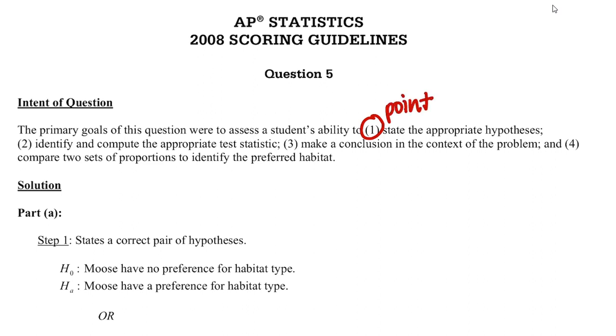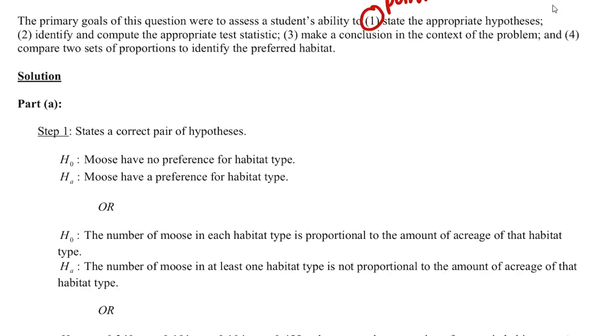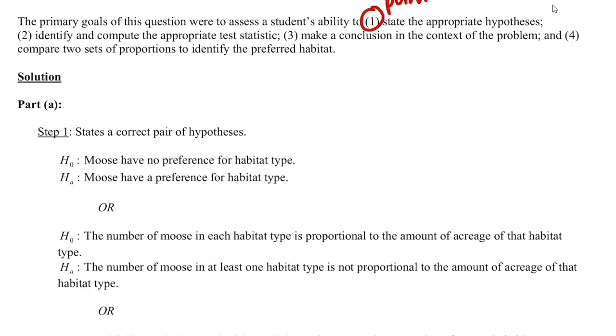And so all FRQs are worth 4 points, and you'll see in the intent part of the rubric what the breakdown is. And so here is the solution from College Board. This is always very thorough.